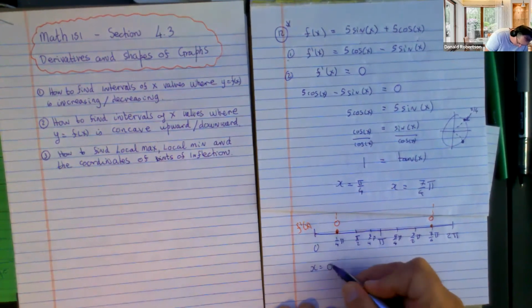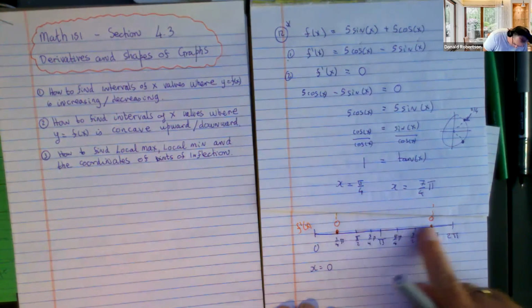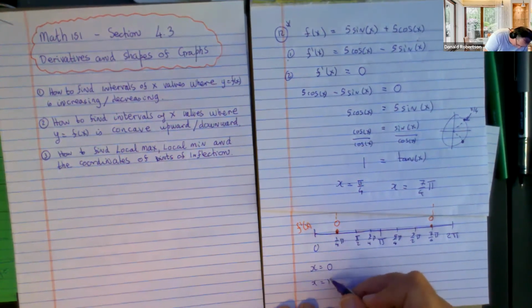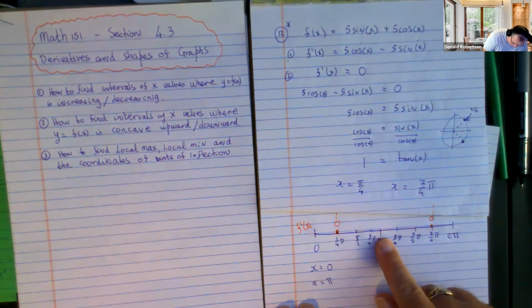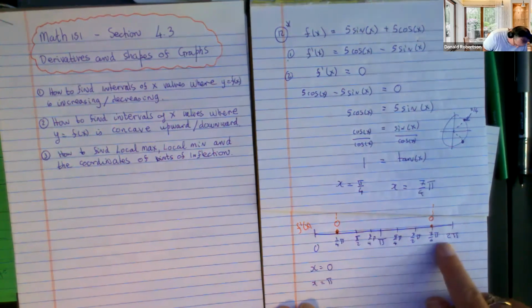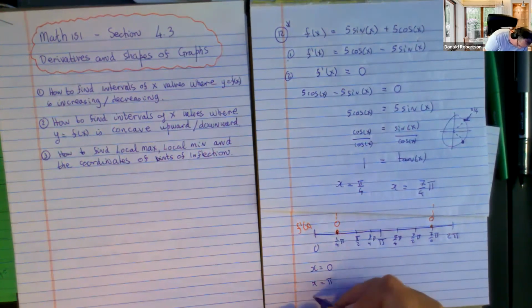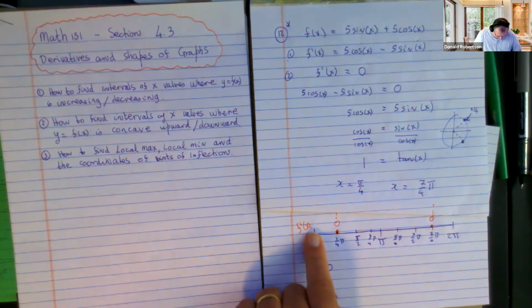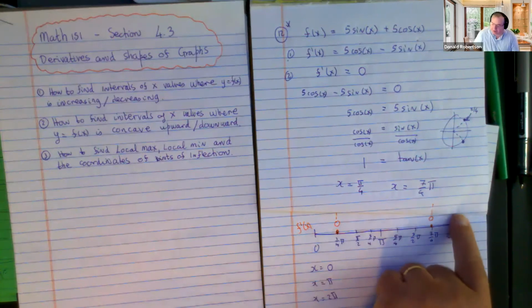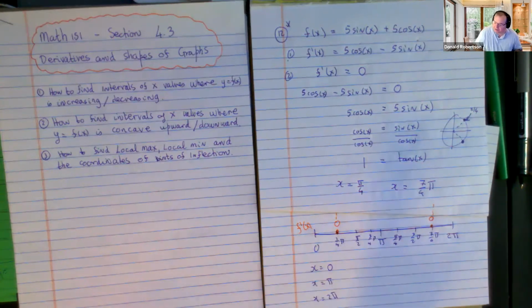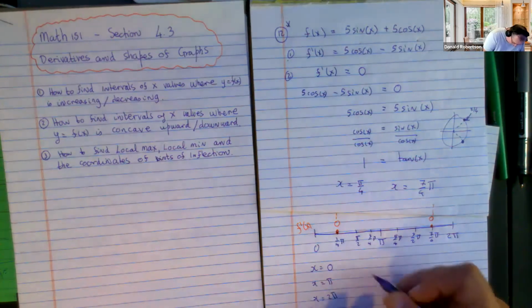I'm going to pick 0. Well, how about pi? Yeah. And how about 2 pi? 0 for this region, pi for this region, 2 pi for that region. Anybody in the region will do, but those seem reasonable.